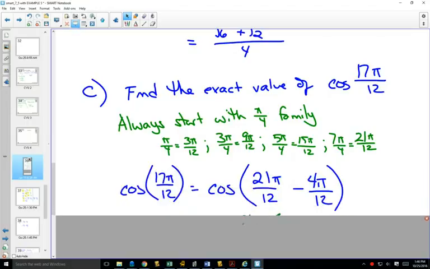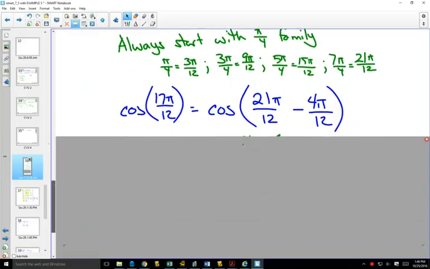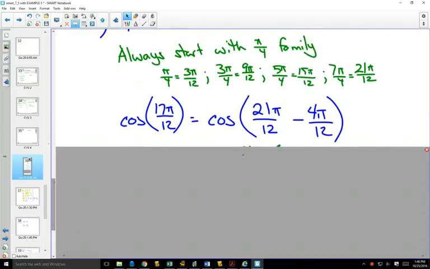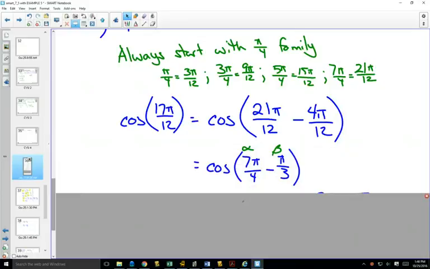If you chose 21 pi over 12, which is 7 pi over 4, you'd have to subtract 4 pi over 12 to make it work. If you reduce those down, you've got 7 pi over 4 and pi over 3. Some people always like to start with just plain old pi over 4, which is 3 pi over 12, and then figure out what you need to add or subtract to make it work.